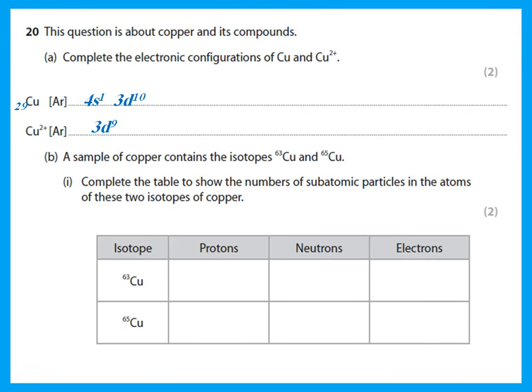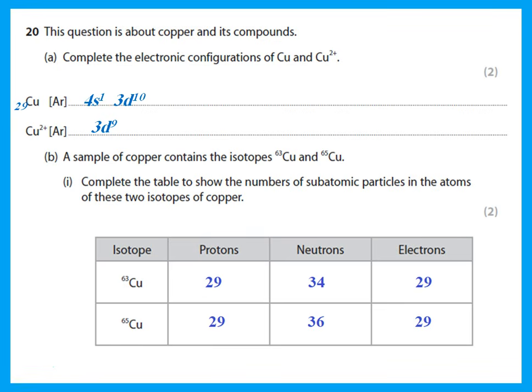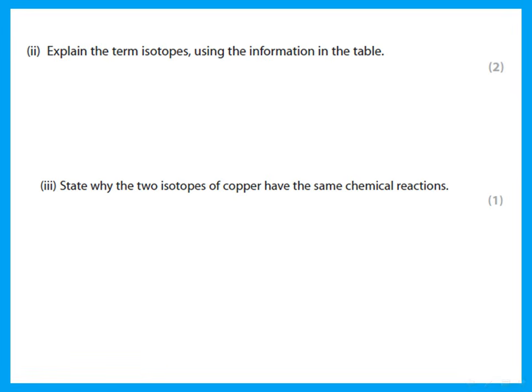Complete the table to show the numbers of subatomic particles in the atoms of the two isotopes. Remember that for all of these, the atomic number is 29. It never changes. So for copper 63, the protons are 29. Neutrons is the difference between the mass, the bigger number, and the smaller number, and the electrons is the same as the number of protons.